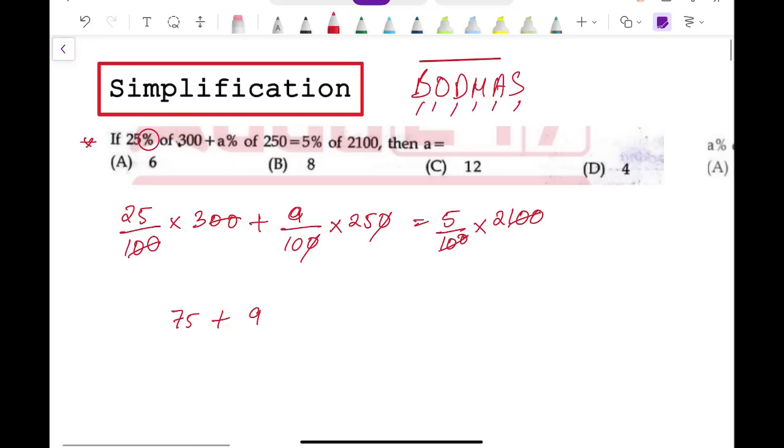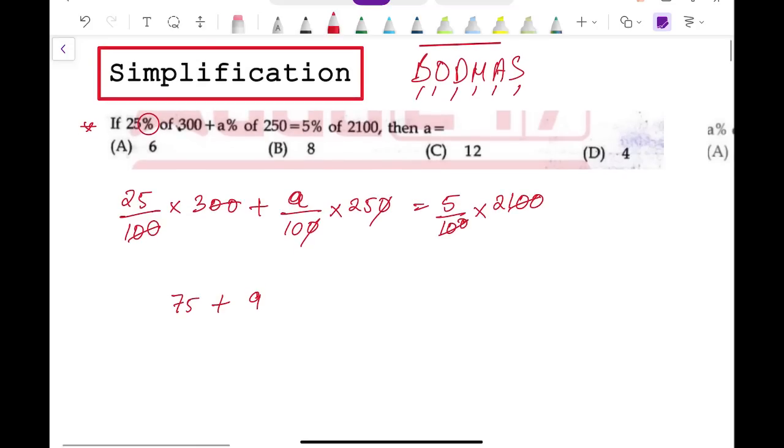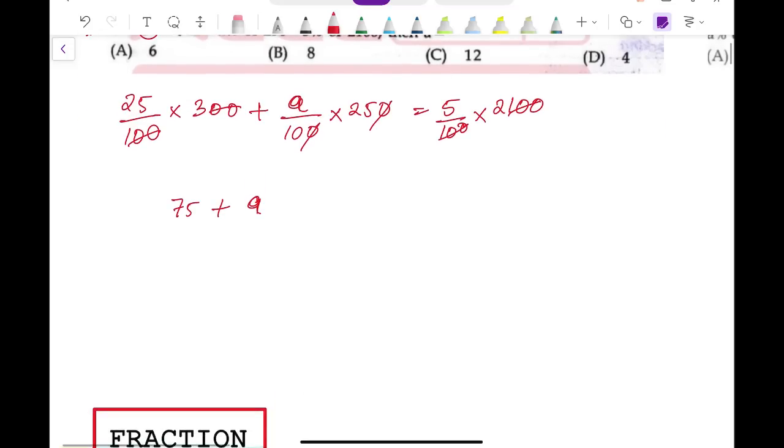Oh, this is a, okay, this is not 9. We need to find the value of a. A here is how much? 5 2s are 10, 5 5s are 25. That means we can write a into 5 by 2, which is equal to 105 here. So a into 5 by 2 is equal to 105 minus 75.